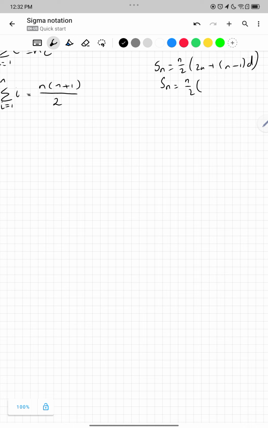First term is 1, so 2 times 1 is 2, plus our common difference is 1, so you have n minus 1. So you have Sn is equal to n over 2 times n plus 1, which gives Sn is equal to n plus 1 all over 2. This could be deduced from that.